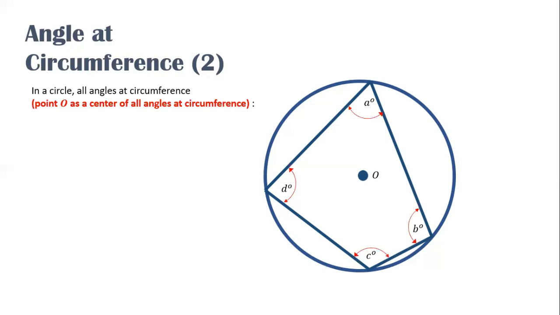Students, once again, I want to emphasize that angles A degrees, B degrees, C degrees, and D degrees lie on the circumference. Okay, we have the second pointer. A degrees plus C degrees equals 180 degrees. Look at this diagram.